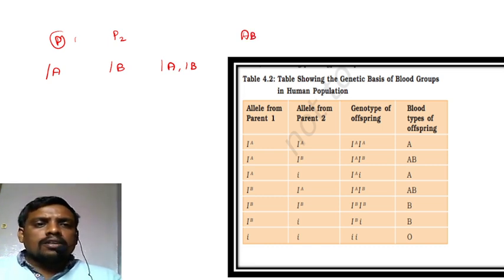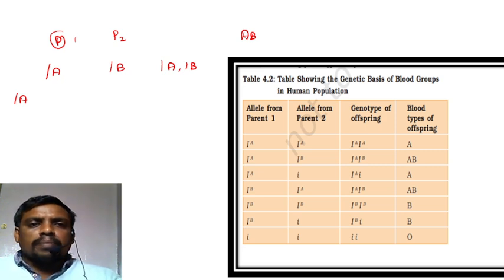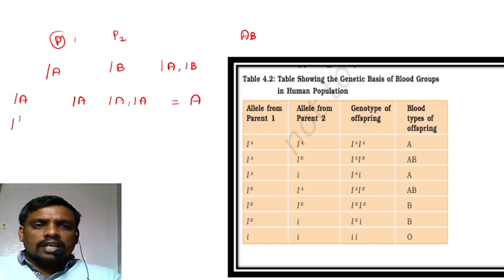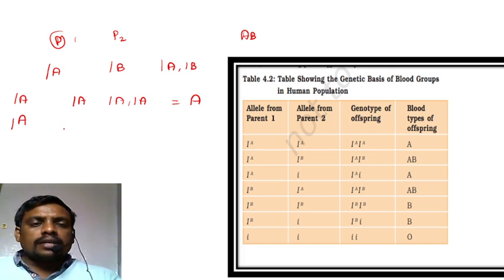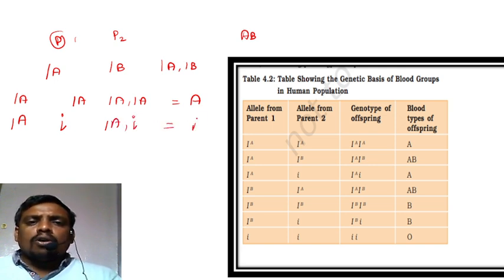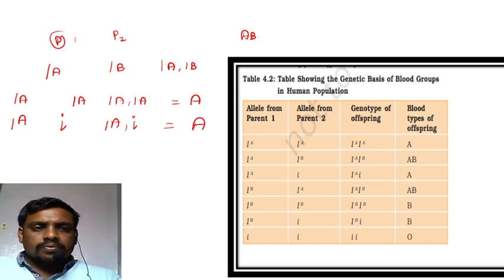In a similar manner, from parent 1 IA allele and from parent 2 IA allele, the possible genotype is IA IA, and the blood group will be A. IA allele from parent 1 and small i from parent 2 gives genotype IA i, and the possible blood group will be A.